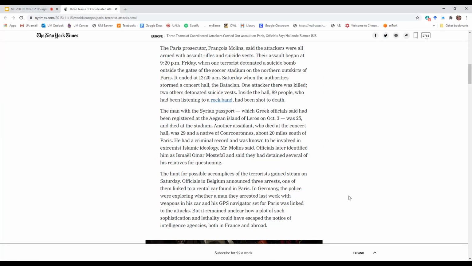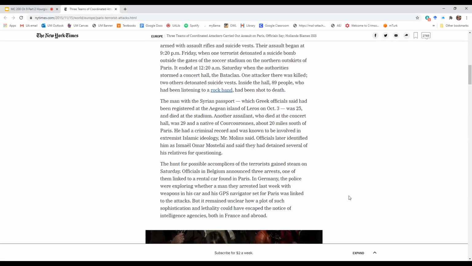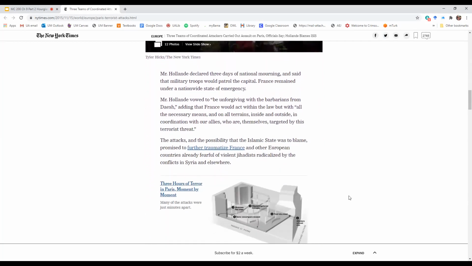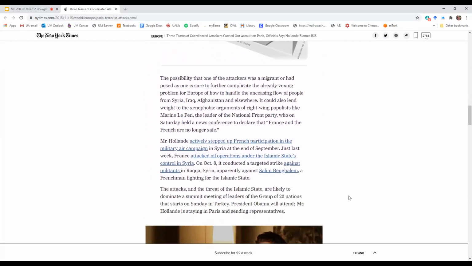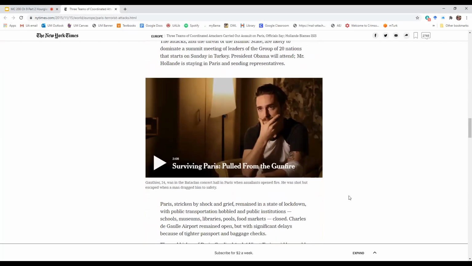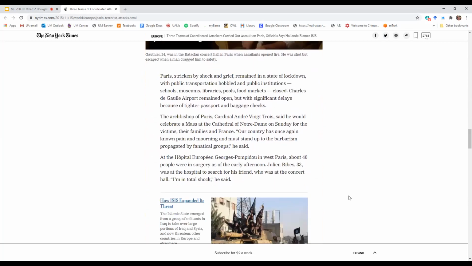And so they talk about when the assault began, how it unfolded, and then they go into the grief and the national mourning. They talk about what the motives could possibly have been. They talk to some survivors.